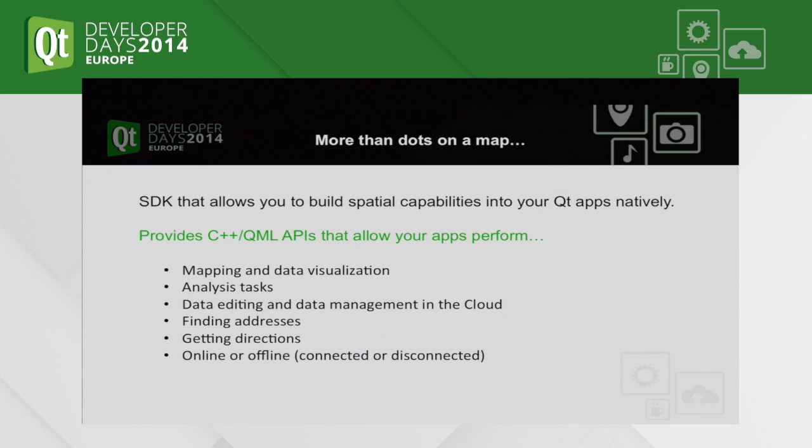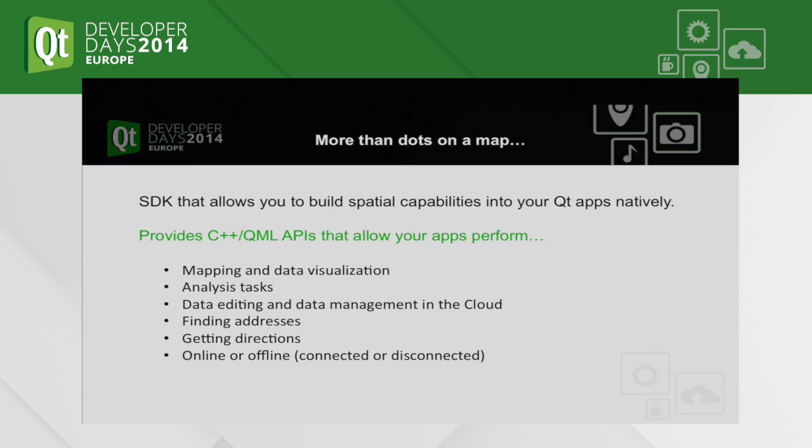So after seeing all those different designs of map applications, you can guess that most users don't just want to put a dot on a map. They want to do more than this. So our SDK will help you do most of the functionality that you've seen earlier, such as mapping and data visualization, and helps you analyze your data using analysis tasks.